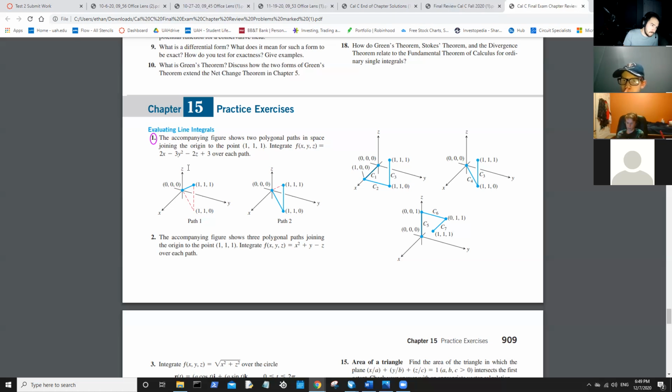So in this case x is t, y is t, and z is t. So it's 2t minus 3t squared minus 2t plus 3, all times root 3. I'm just going to pull out the root 3 and leave it out.